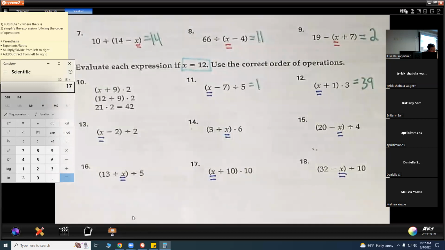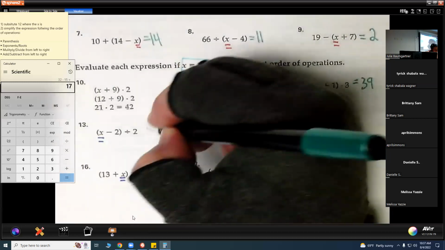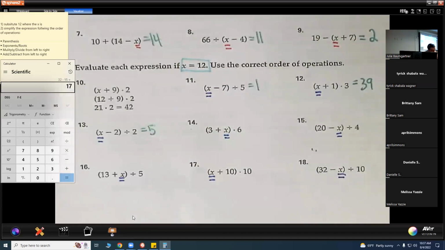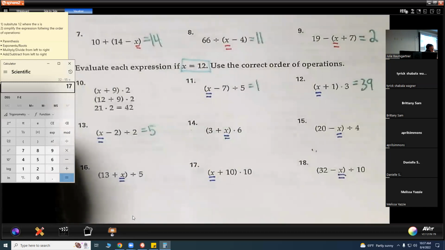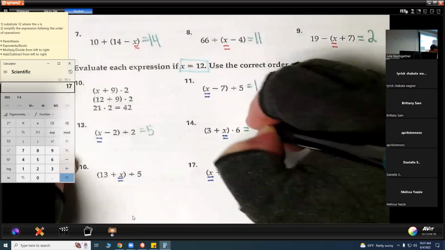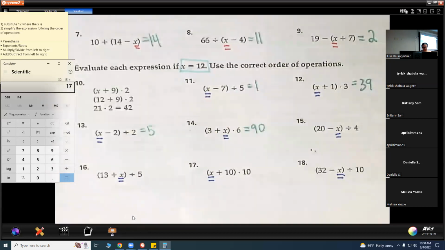Number 13, 12 minus 2 is 10. 10 divided by 2 is 5. Number 14, 3 plus 12 is 15. 15 times 6 is 90. That sounds right? Okay, cool.